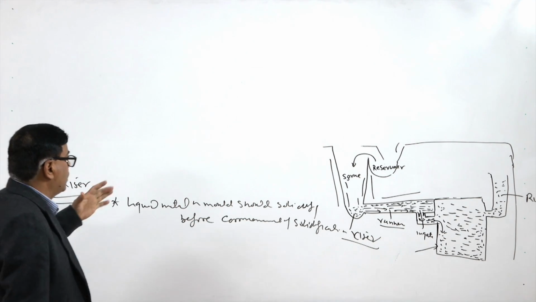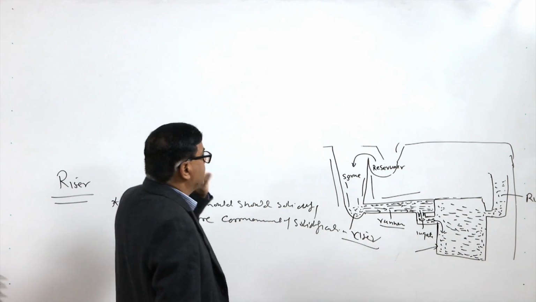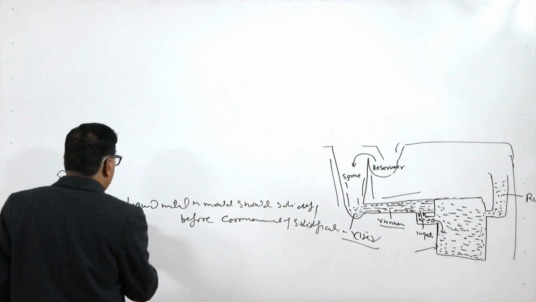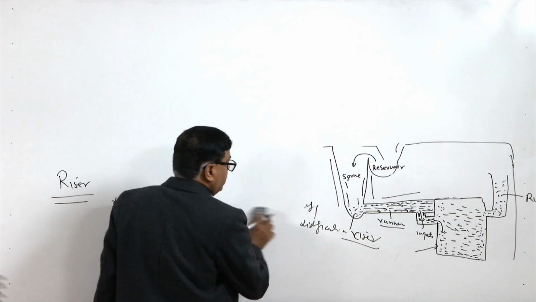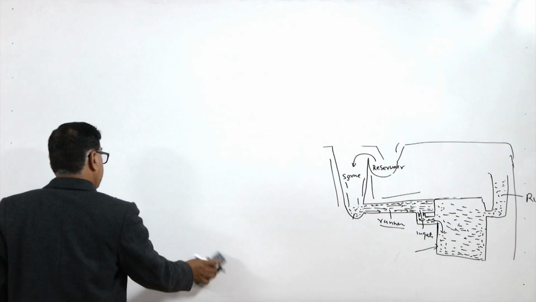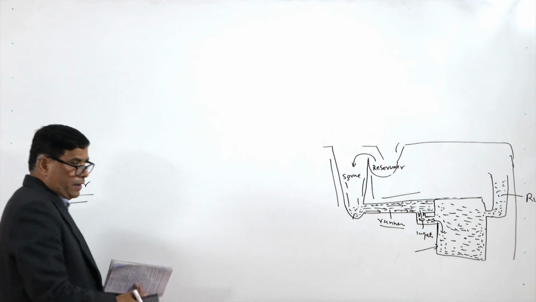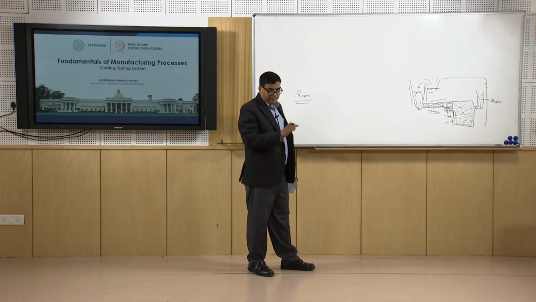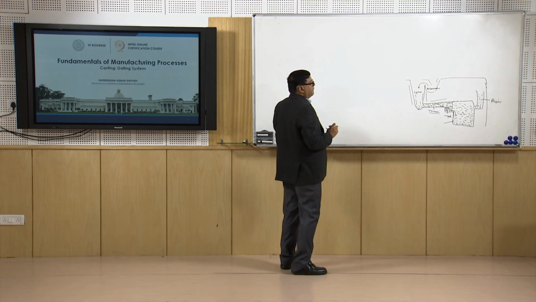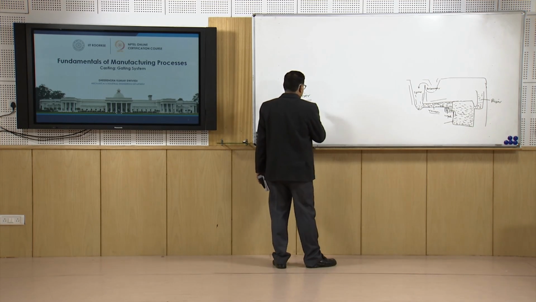Before that, the solidification should be completed in the mold, so that whatever is the deficit amount of the metal which is desired on account of the shrinkage related with the liquid to solid state transformation, that can be effectively met with the riser.